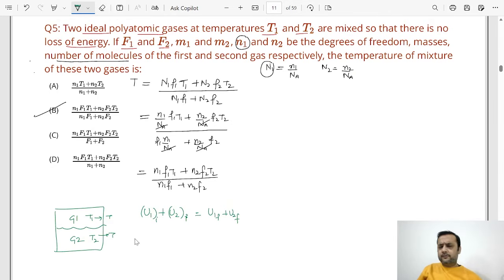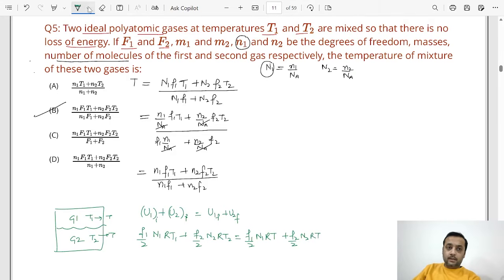Now what is U1? If you know how to write the internal energy, it is F by 2 nRT. F means degree of freedom, so F1 by 2, and N means number of moles, which again I am using capital N to represent in this question. So F1 by 2 N1 R T1 plus F2 by 2 N2 R T2. Then the final energy, since the gases have acquired the temperature capital T, will be F1 by 2 N1 RT plus F2 by 2 N2 RT.